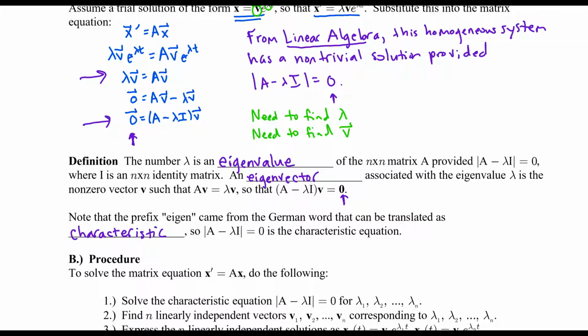Ultimately, what we're doing here is solving a characteristic equation for the entire system at once. Previously, we found r's in our characteristic equations for a single differential equation. Now we're finding lambdas and v's, the solutions to the characteristic equation for the entire matrix at once.